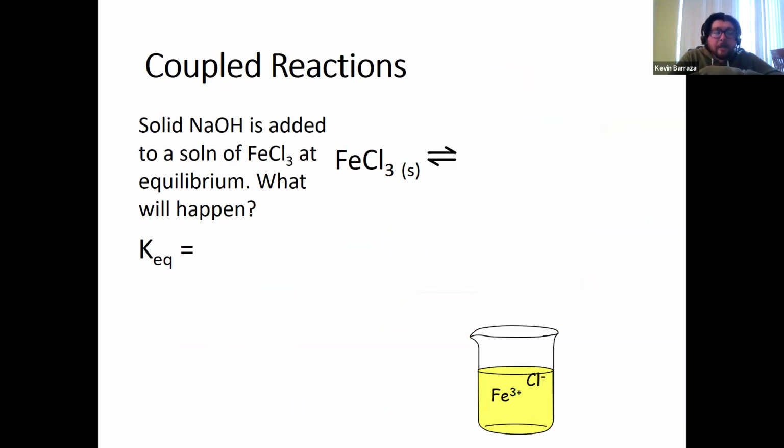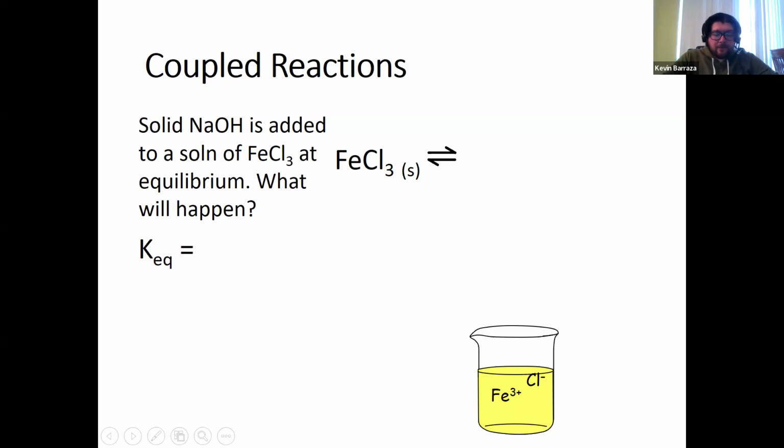An equilibrium solution of an ionic compound is called a saturated solution. So it's saturated with what can be dissolved. What do we know happens when we saturate water with, in this case, FeCl3 solid? It's going to dissociate.